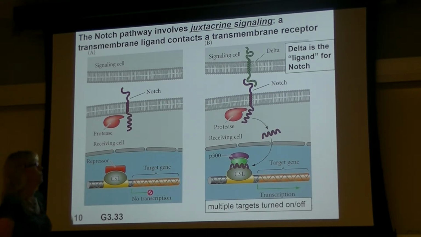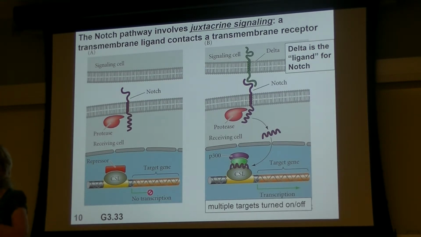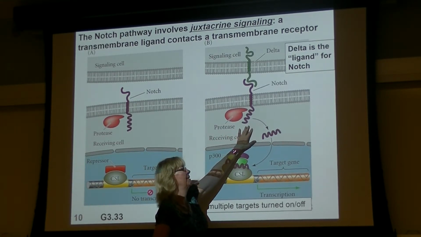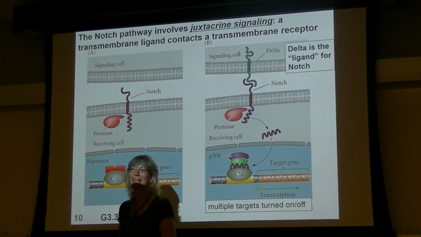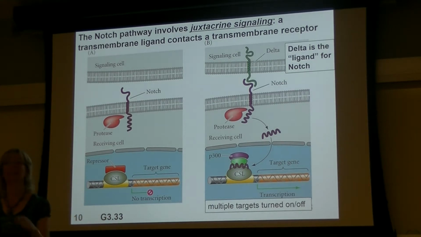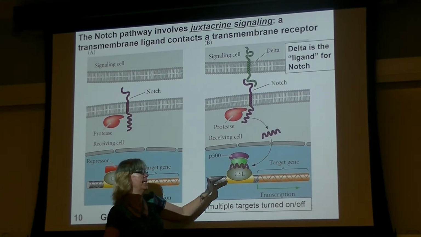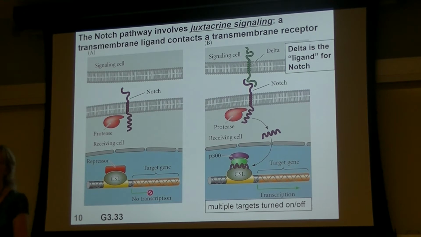What will happen when the signaling occurs, when Delta and Notch meet and interact as signals to each other, is that in the receiving cell, a portion of this Notch inner domain in the cytoplasm is going to be cleaved off. This little purple zigzag portion of the protein will go to the nucleus and interact with some other transcription factors, and then we get differential gene transcription within that nucleus.